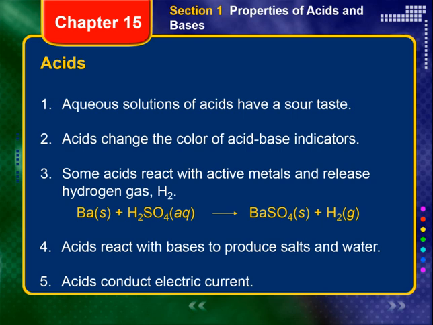And lastly, acids conduct electric current. Remember when we went over ionic bonding versus covalent bonding back in chapter 6, we talked about the idea that an ionic compound that is solid will not conduct electricity because the ions can't move. They're fixed in place because they're part of a lattice structure. But if we were to dissolve that same ionic compound in water, now they will not be fixed together in a lattice structure.